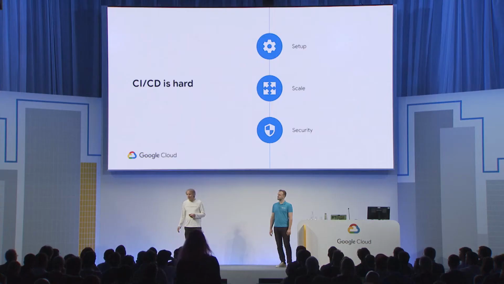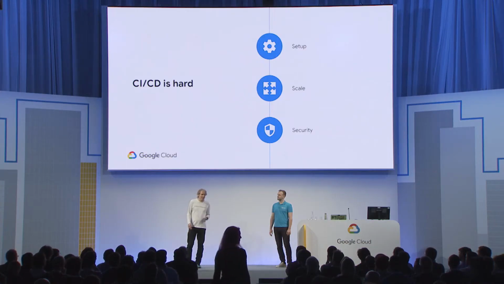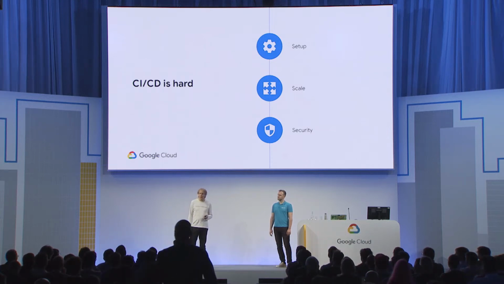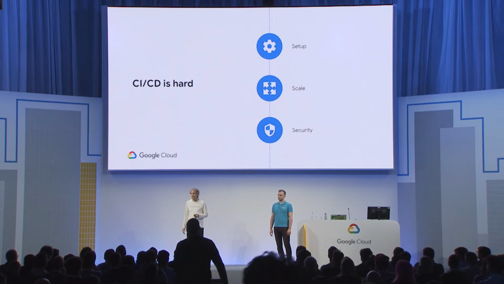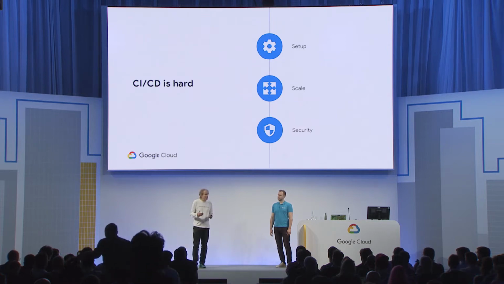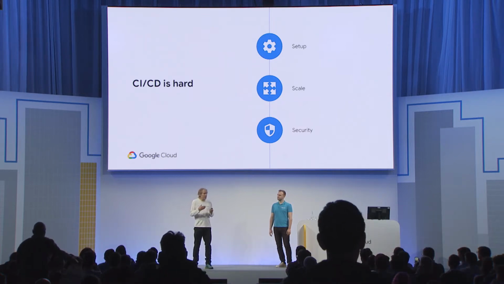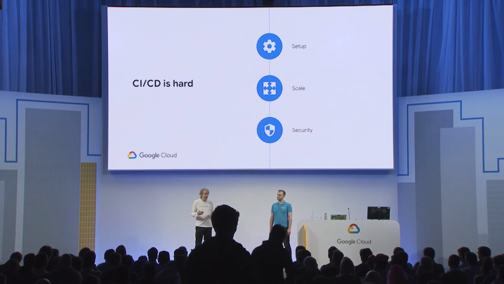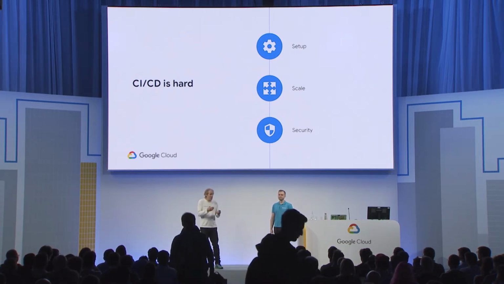All right. So let's talk about CI/CD. It is hard. It's easy to get started in a simple way, and then things get really messy. One of the first things that's hard about CI/CD is actually setting it up. Just getting the system up, getting it hooked up to all the various integrations you need, having it reliably run as part of your operation, and then doing it again when somebody else creates another project, or another repo, or another branch, or whatever.